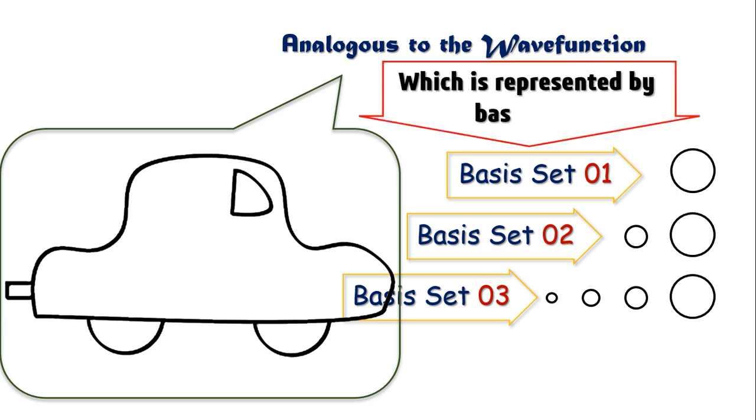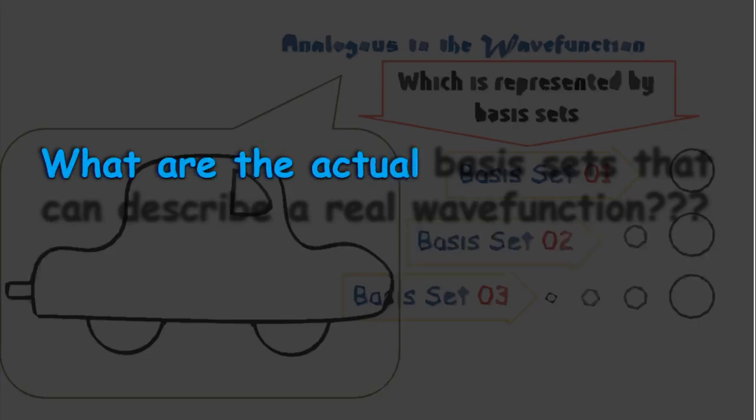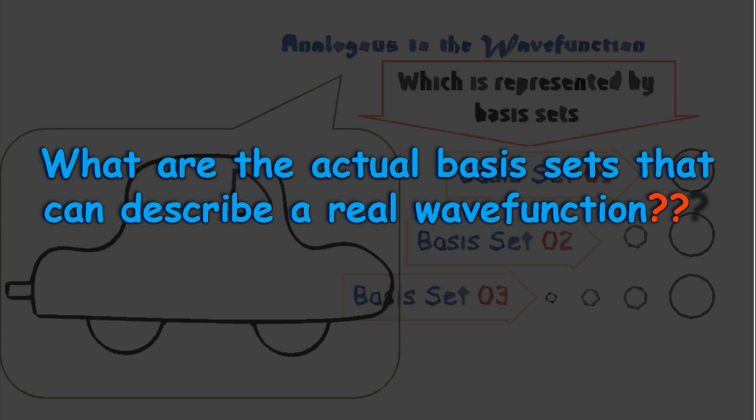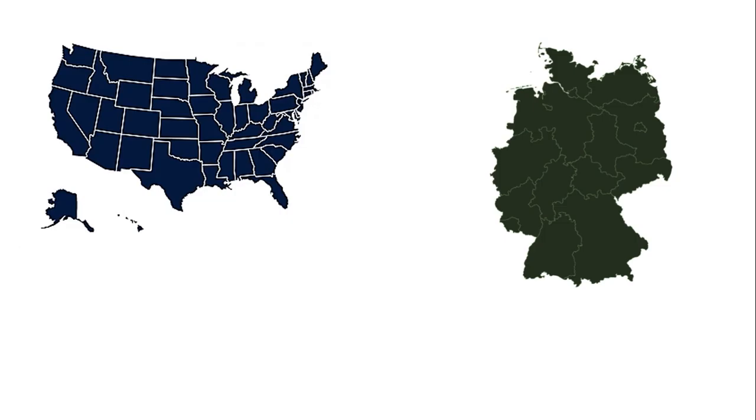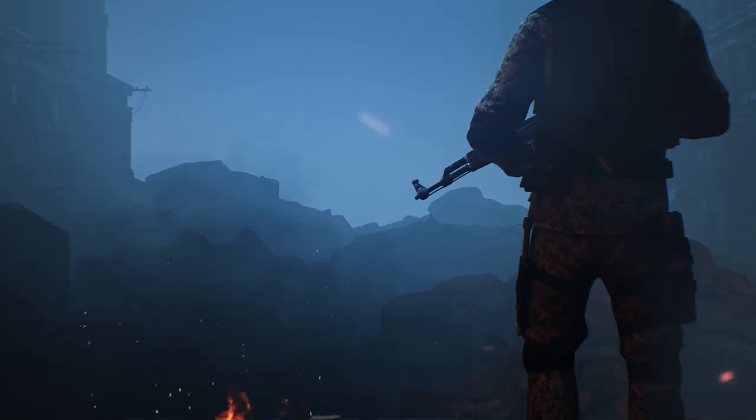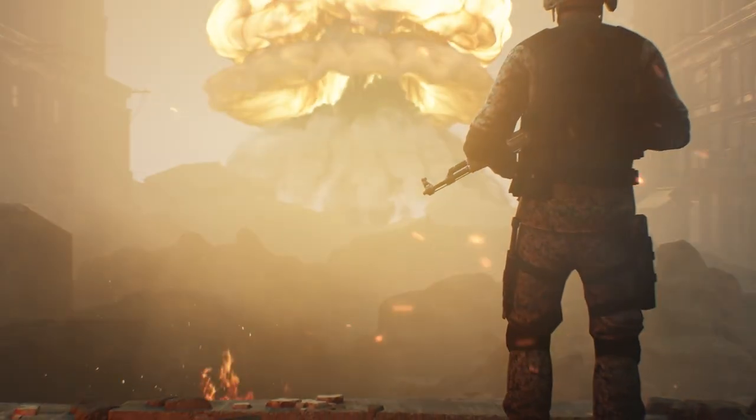Now, what are the basis sets that we can use to describe the wave functions? Definitely, we will not use circles there, right? For that, we may start with two different countries, United States and Germany. No, not that.